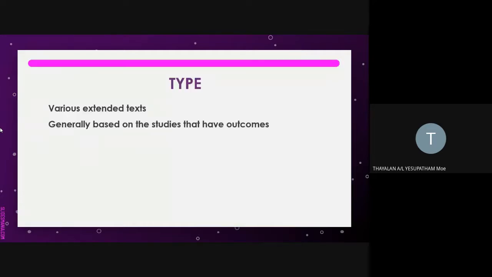Now, the type of the text: there are various extended texts, generally based on studies that have outcomes from which many questions can be derived. So the text would basically be an outcome of a study, or maybe statistics with words, whereby you can deduce information. So the text types vary.